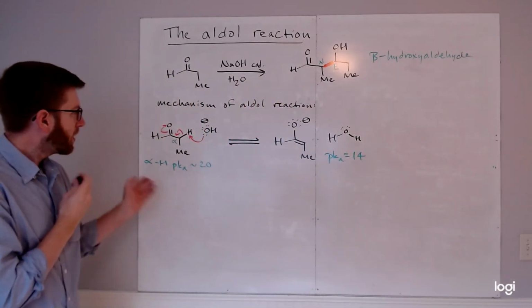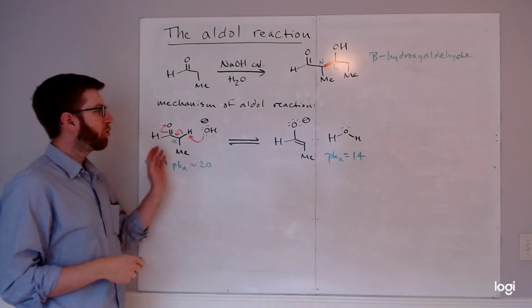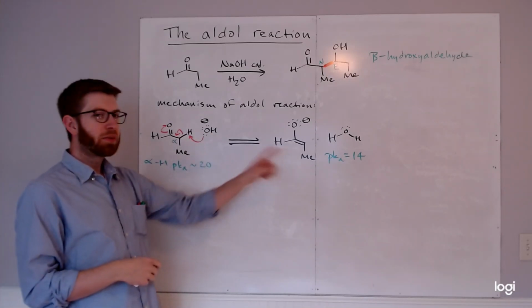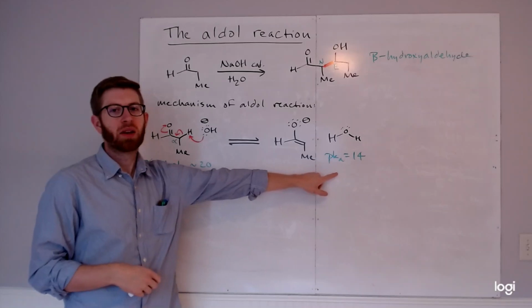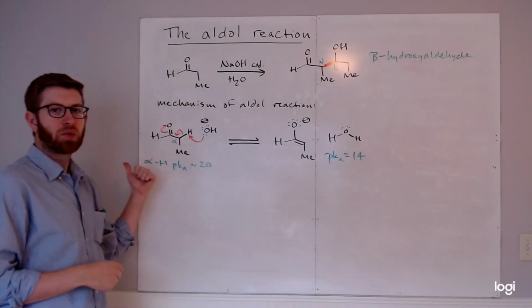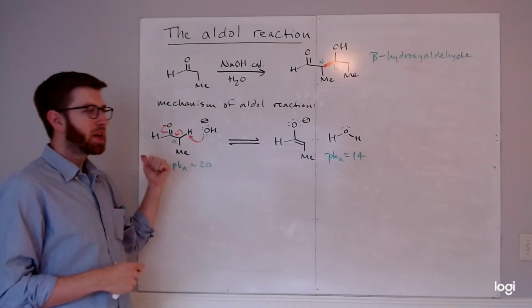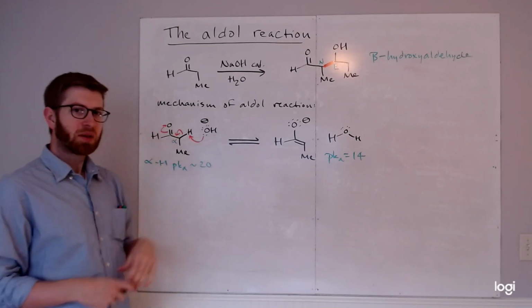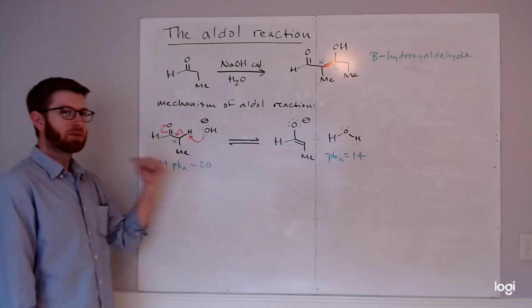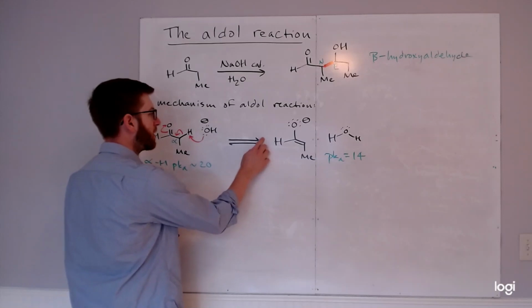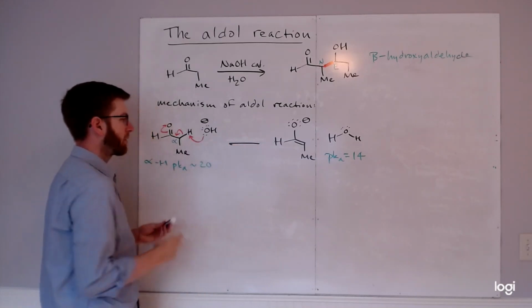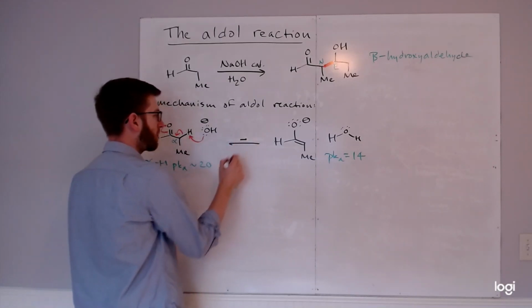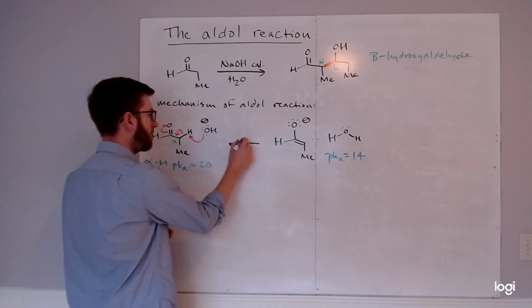So if we look at this acid-base reaction, the forward reaction is going to have a stronger acid as a product than the reverse reaction will, right? Another way of saying that is that this acid-base equilibrium will favor the side with the weaker acid, which is the left. So what we know is that this reaction primarily runs backwards. We've got a little bit in the forward sense, and then a lot in the backward sense.